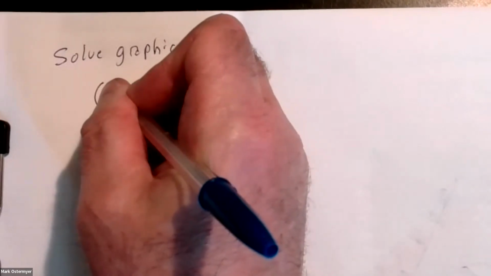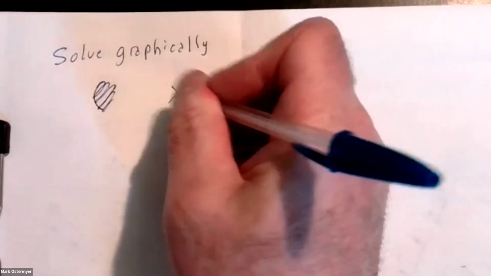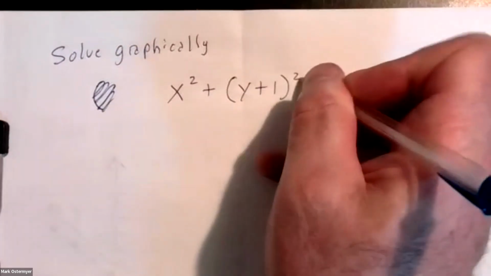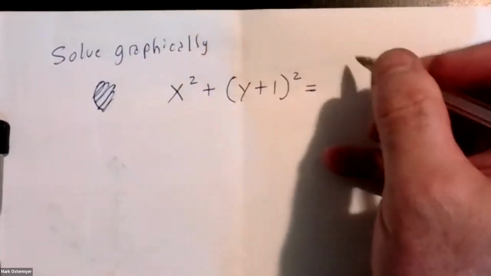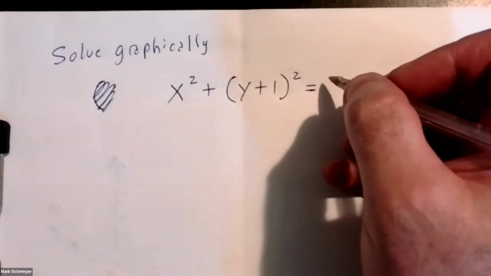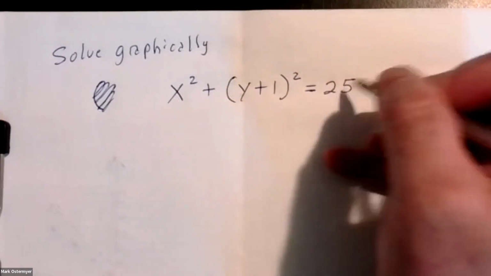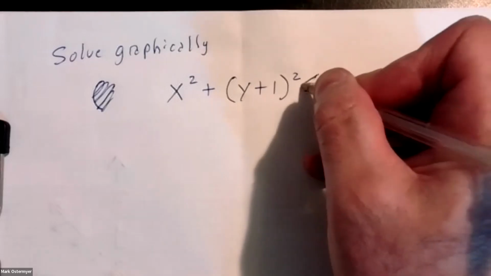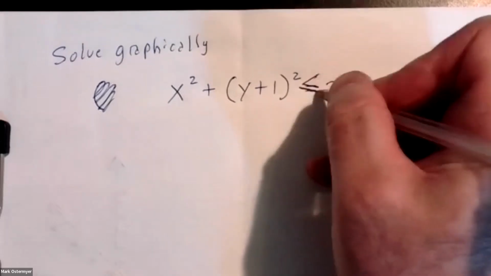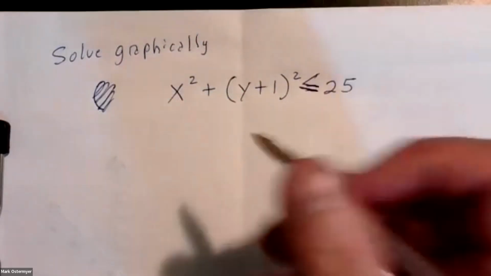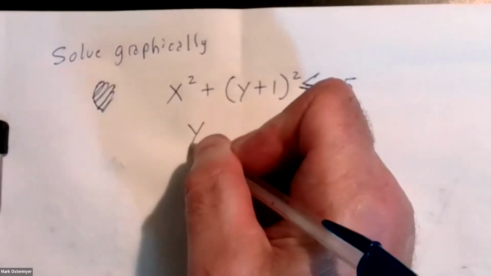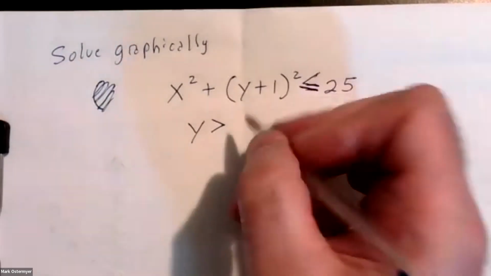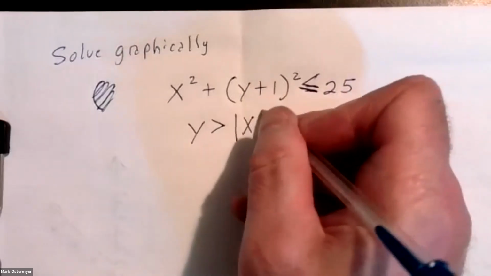It's just going to be x squared plus y plus 1 squared less than or equal to 25. That one there. And here comes the other one now. y is greater than the absolute value of x.